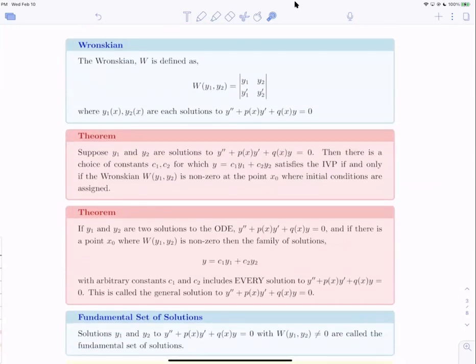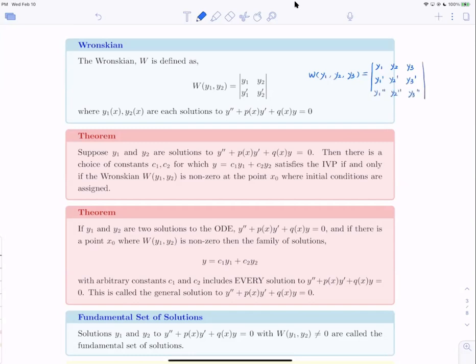Wronskian. This is defined by the determinant of this matrix where the entries are y1, y2, and y1 prime, y2 prime. If you have higher order, for example third order, then your Wronskian is the determinant of y1, y2, y3, y1 prime, y2 prime, y3 prime, and then y1 prime prime, y2 prime prime, and y3 prime prime.